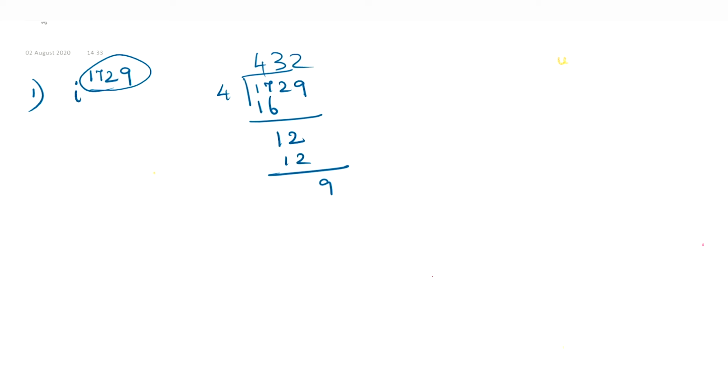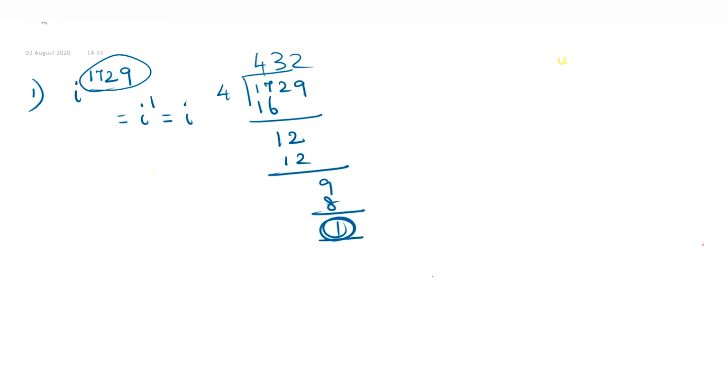So we have to divide this number by 4, right? If I divide this one by 4, 4 4s are 16, then 12, so 4 3s are 12. Then 9, 4 2s are 8. So the remainder is 1, right? So this is equal to I power 1, which is equal to I.